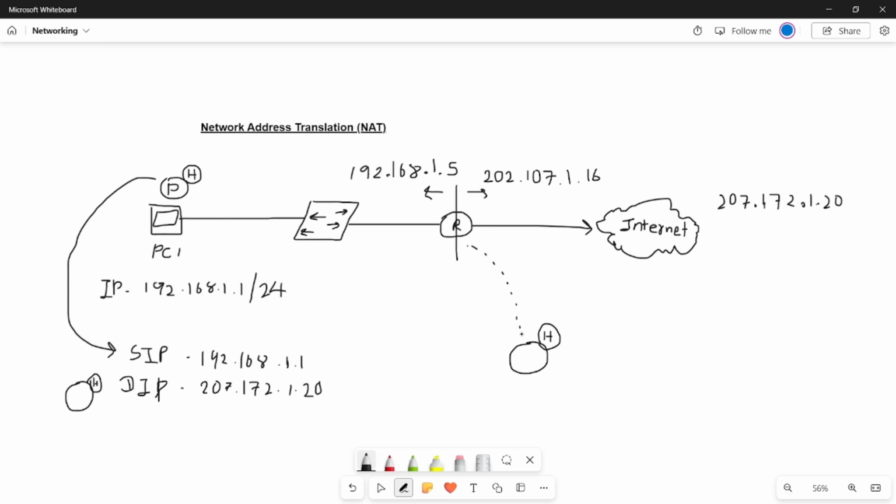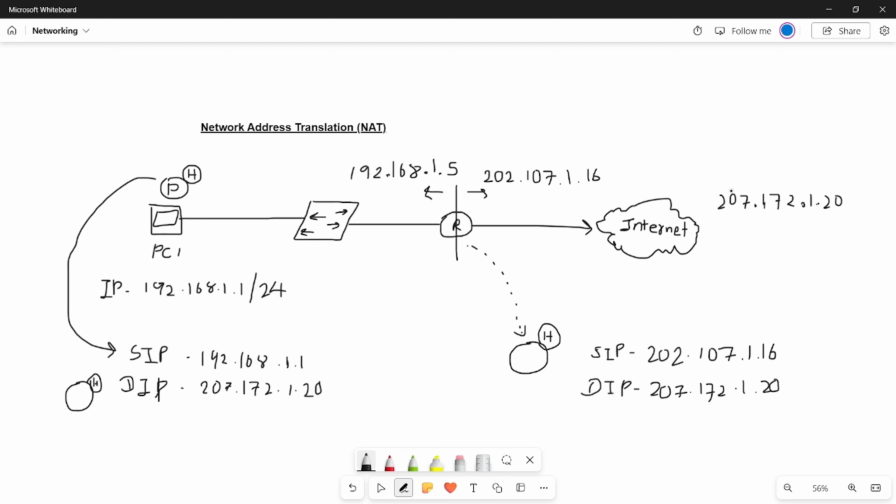After getting to the router, it changes its source IP address to 202.107.1.60, and it contains the destination IP as the same as previous, 207.172.1.20.